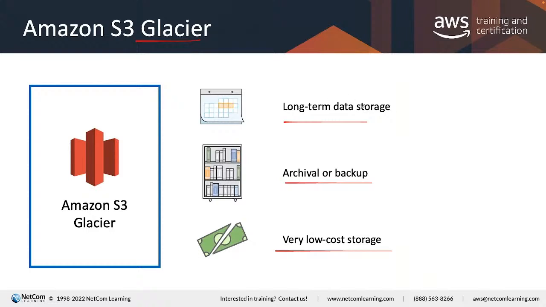So that's very ideal for long-term archive. Just think of it as similar to tape in your on-prem data center. Many companies back up their data onto tape drives, something like that.